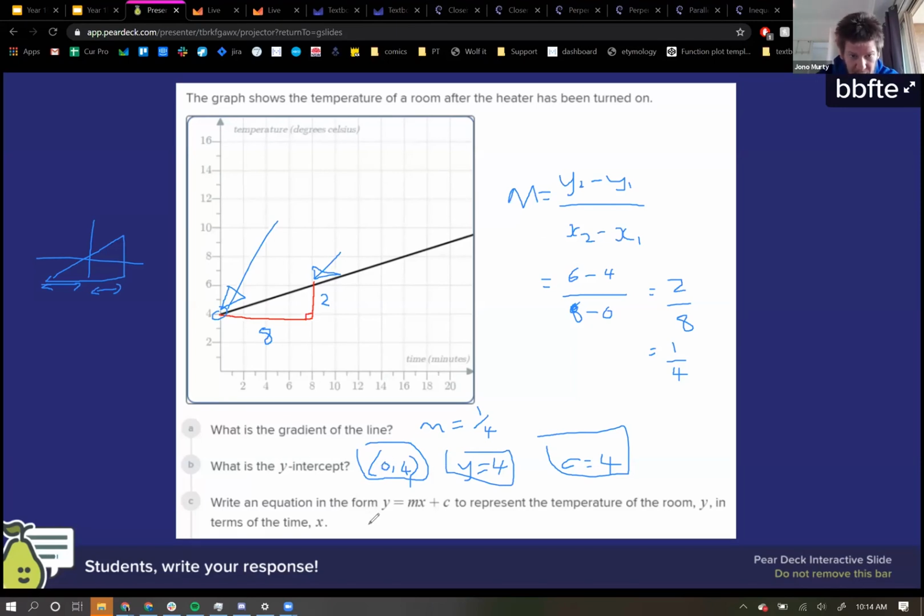And now we know our equation is y equals mx plus c, and we have m equals 1/4, so y equals x on 4, or 1/4 x, and c is 4, so we have plus 4. So y equals x on 4 plus 4.